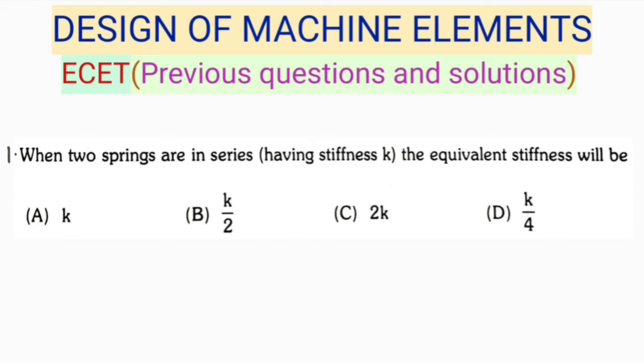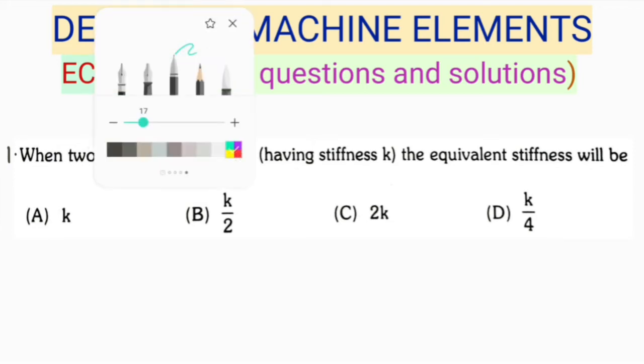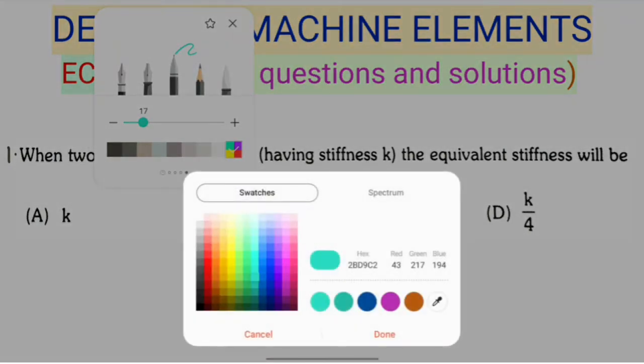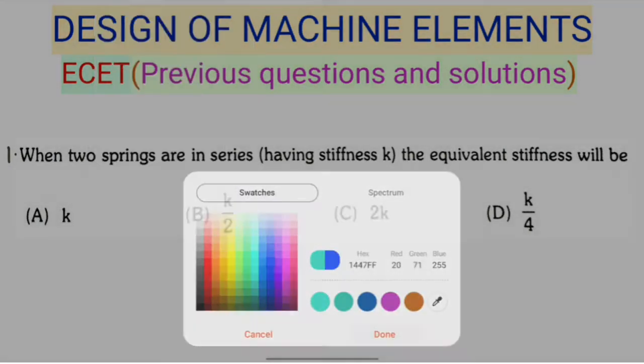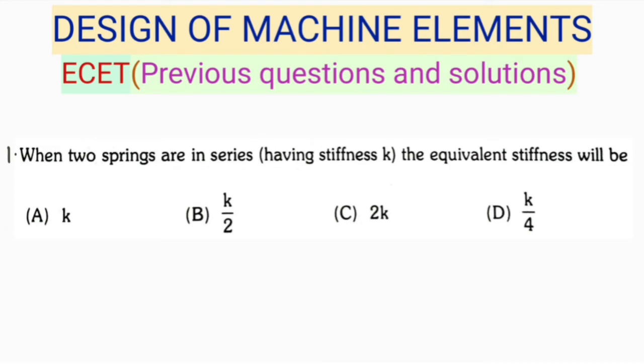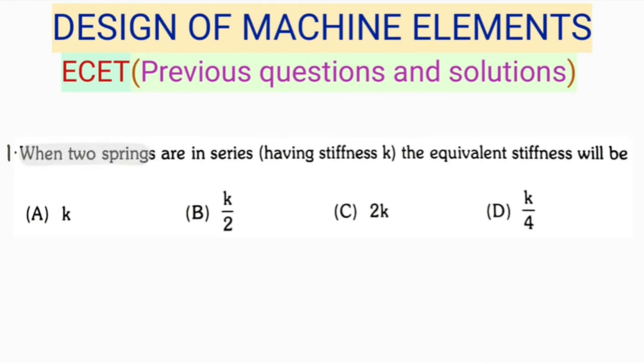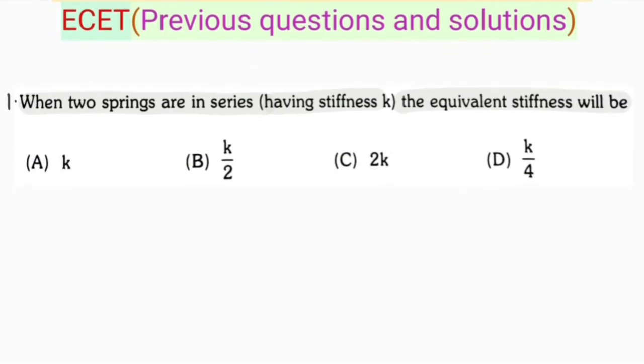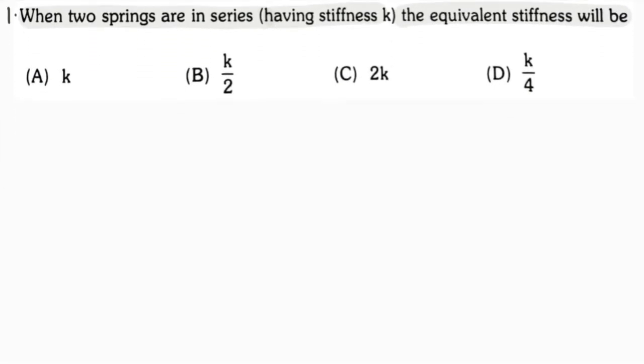Look at the very first problem. When two springs are in series, connected in series having a stiffness K, the equivalent stiffness will be, that means here the springs are connected in series.